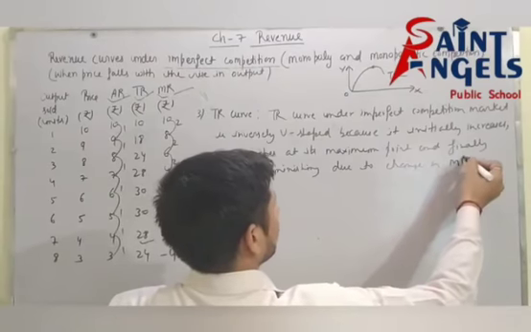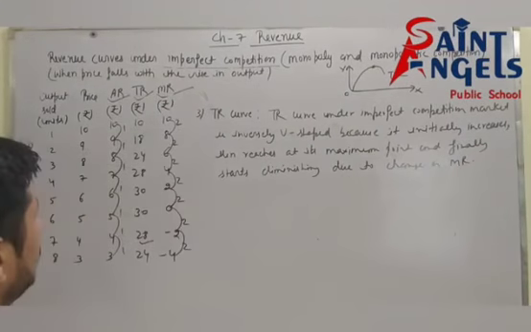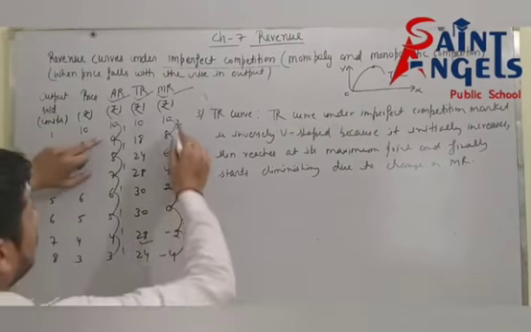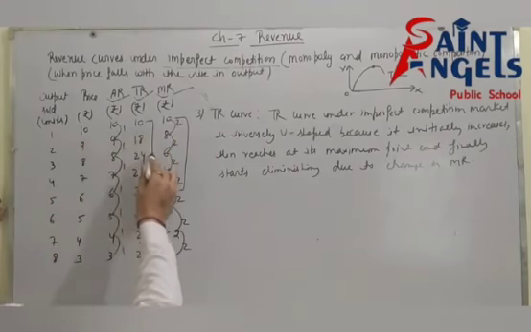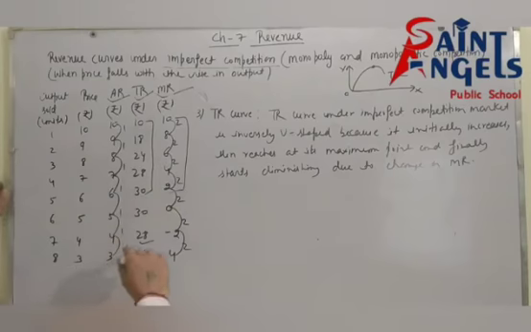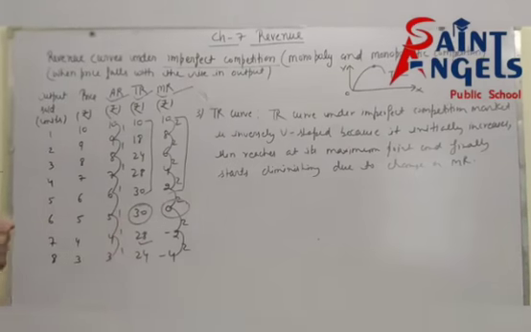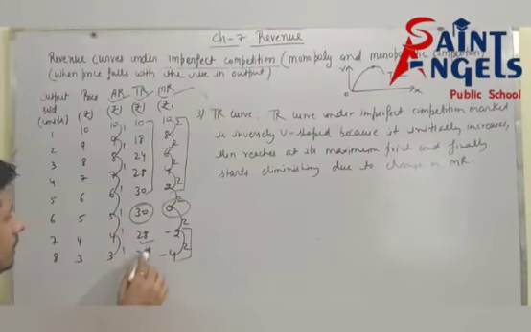due to change in MR. Because when MR is positive, TR increases. When MR becomes zero, TR reaches its maximum point. When MR becomes negative, TR starts diminishing.